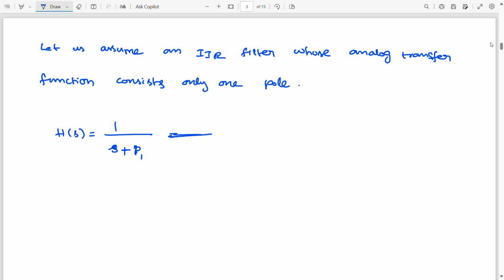So now we need to take the inverse Laplace transform of this transfer function, which will provide h of t. h of t equals e to the power minus p1 t u of t.